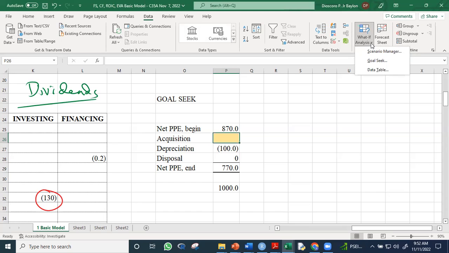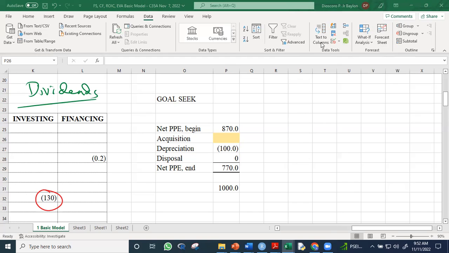Under what if analysis, you have scenario manager, you have goal seek, and then you have data table. Kindly chat, please, if you saw the goal seek under what if analysis. If you saw it, please chat yes. Good, thank you so much.